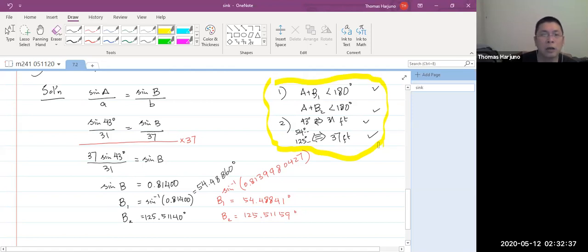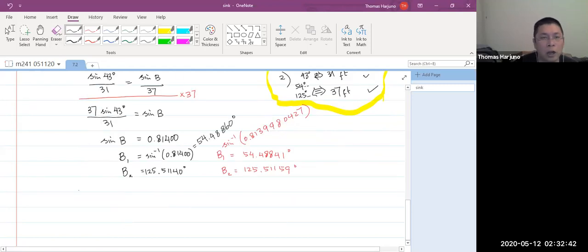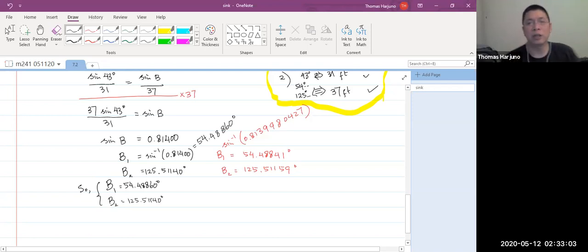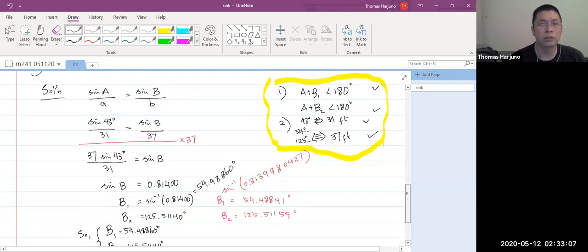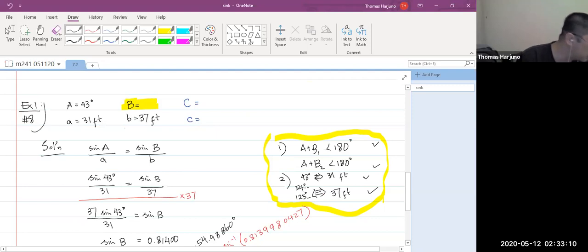Okay, so with this, let me summarize. There are two possible solutions. The solutions are either B1, which is 54.48860 degrees, or B2, which is 125.51140 degrees. Now, remember that when they say find all solutions, it actually refers to find angle D, right?